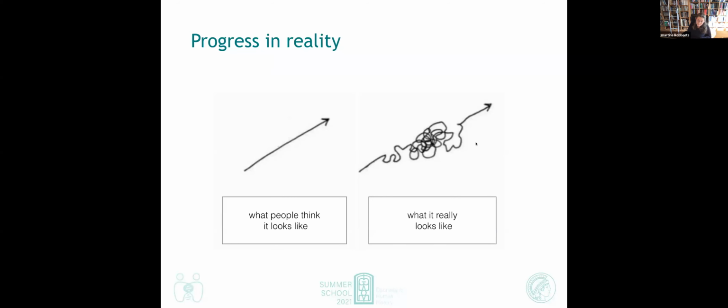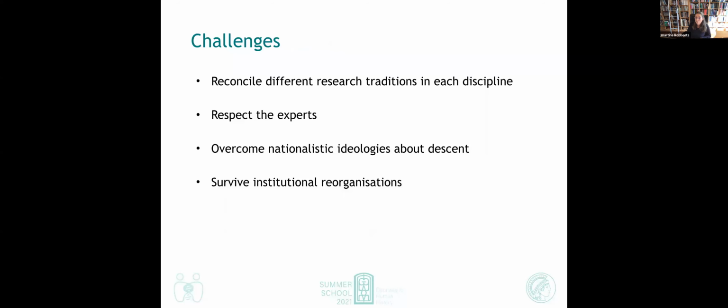Indeed, there were many challenges in our interdisciplinary research, and these challenges went far beyond methodology or theory. So it was not only about how to put the different disciplines together, but there were other practical problems, like, for instance, reconciling the different research traditions in each discipline: genetics, archaeology, linguistics.